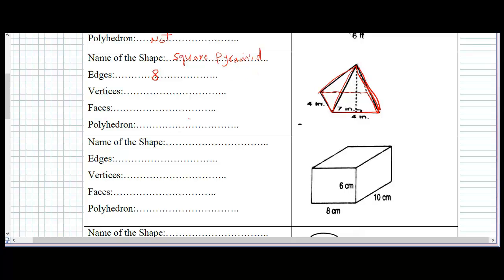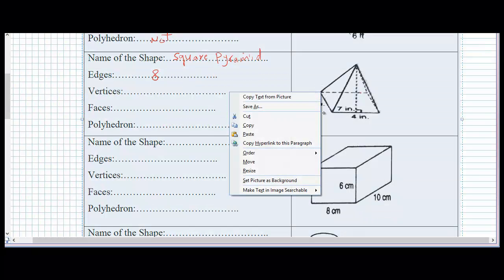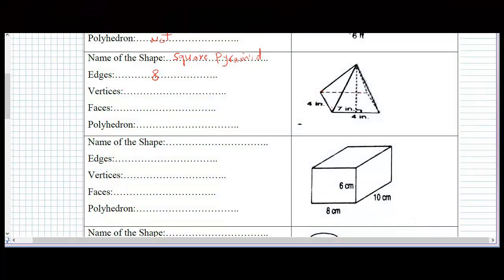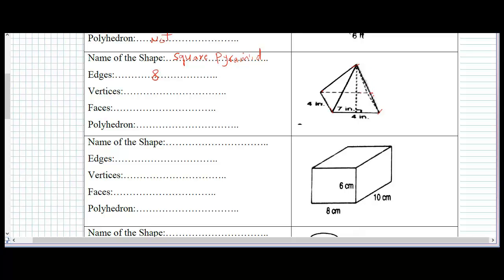Let's go to the next one. How many vertex? We have 1, 2, 3, 4, 5 vertex.